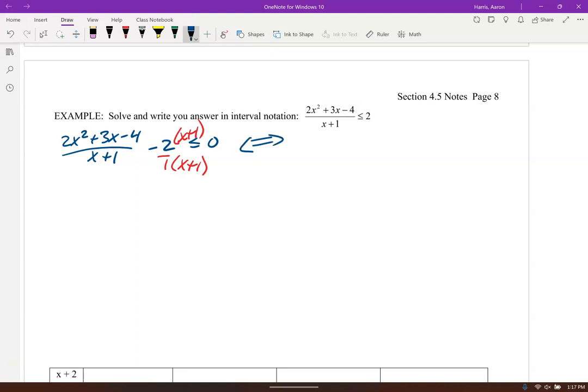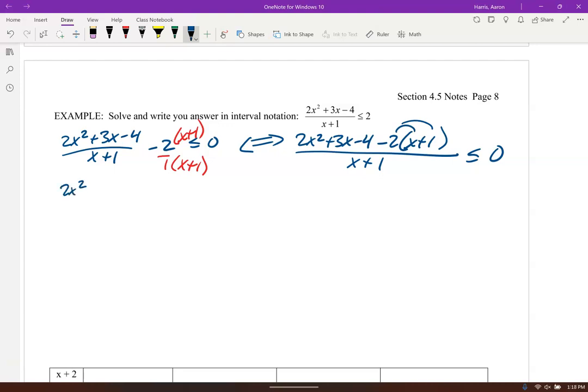So this will become 2x squared plus 3x minus 4 minus 2 times x plus 1. Now it's all over that common denominator of x plus 1 and will be less than or equal to 0. So now I got 2x squared plus 3x minus 2x, so plus x.